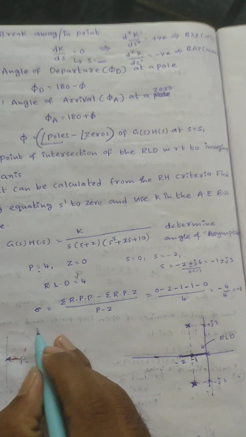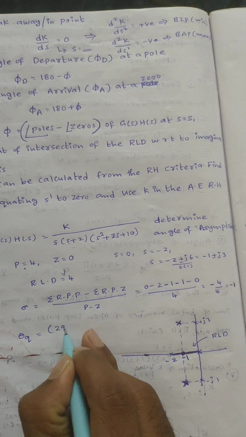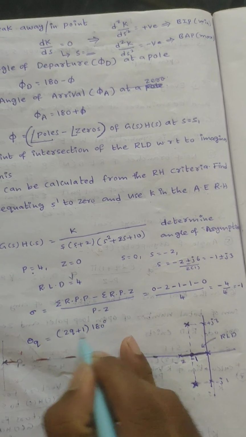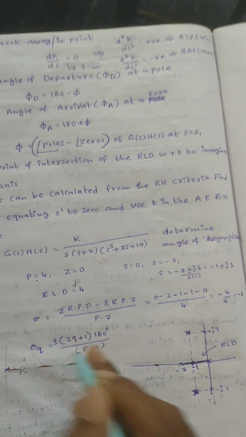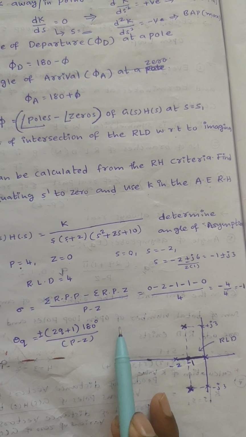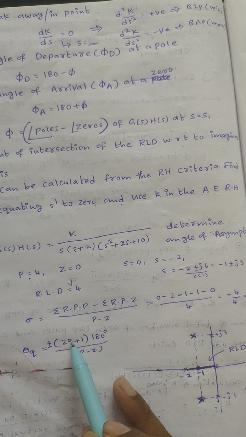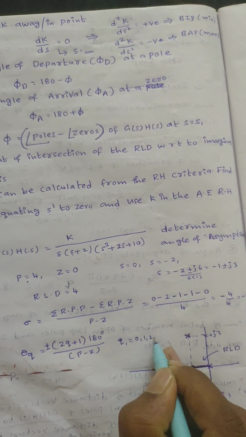Next, theta q is equal to (2q + 1) times 180 degrees divided by (P minus Z), plus or minus. Here q varies from 0 up to P minus Z minus 1. P minus Z is 4, so q varies as 0, 1, 2, 3.